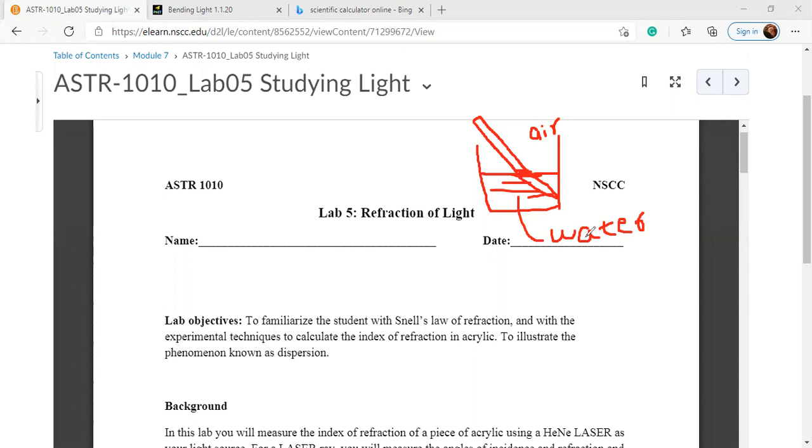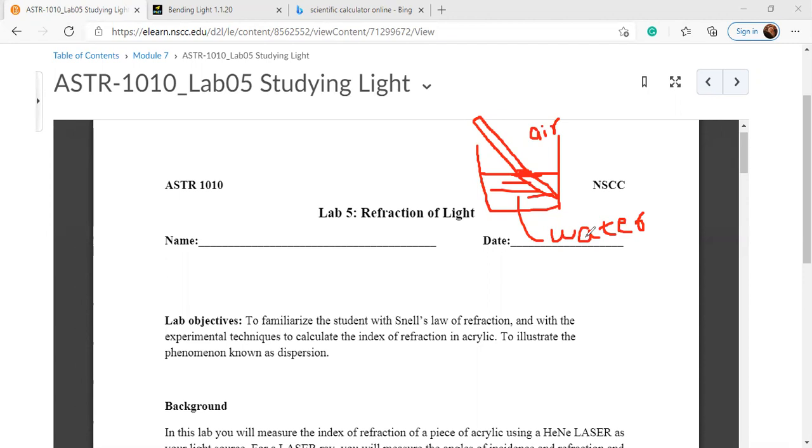The velocity of light decreases in general when it passes from vacuum or air to some medium like glass or water or something else, like diamond.